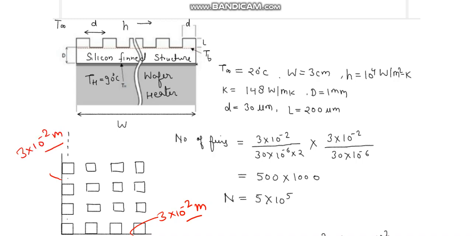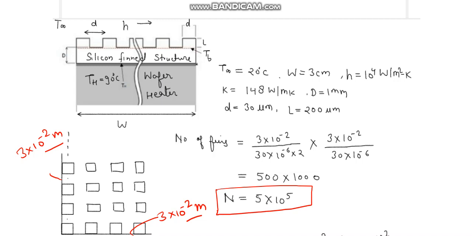So 3 times 10 raised to power minus 2 meter divided by the number of squares, and the number of fins is half the squares. This is the number of fins in a single row, and this is the number of rows along this height. So we can find out the number of fins as n equal to 5 times 10 raised to power 5.